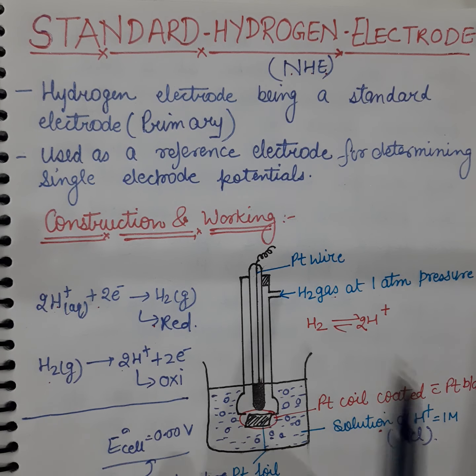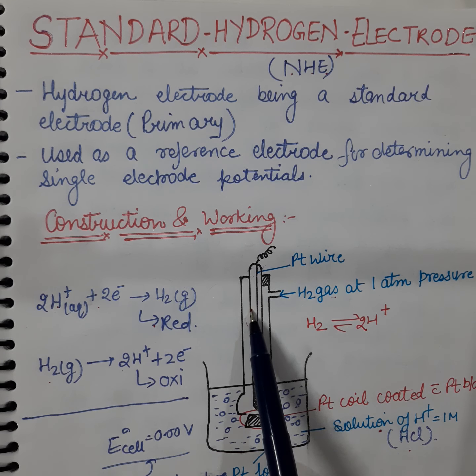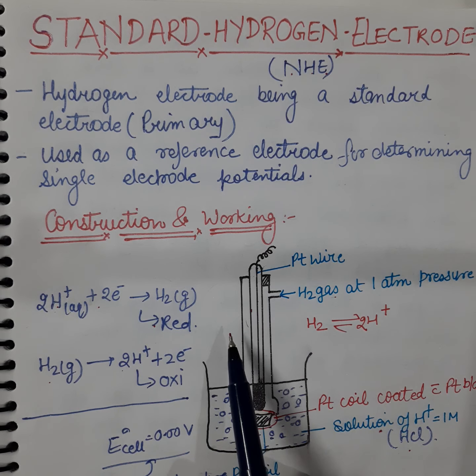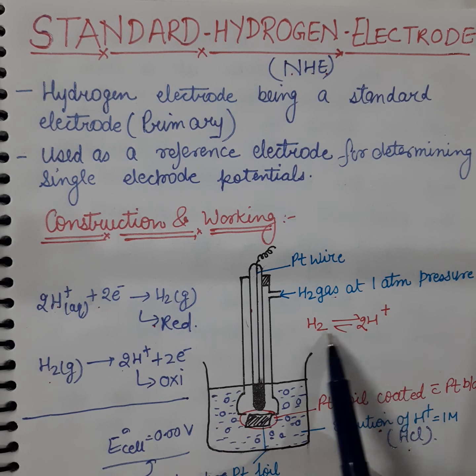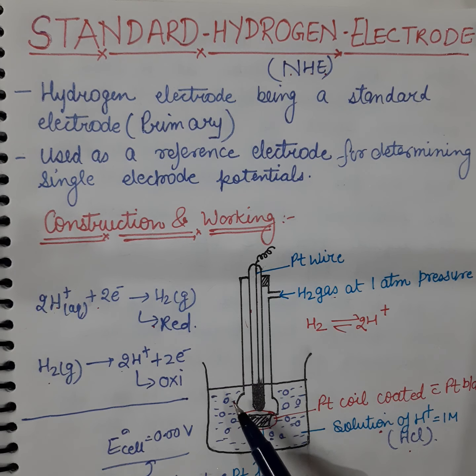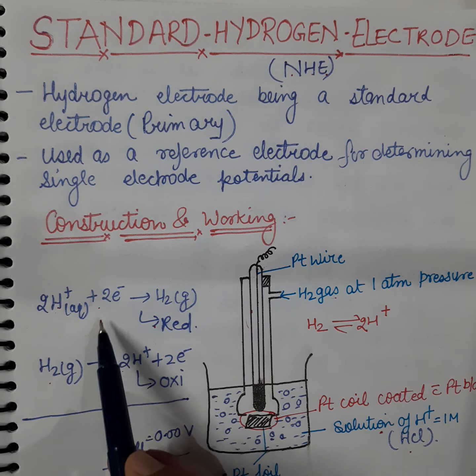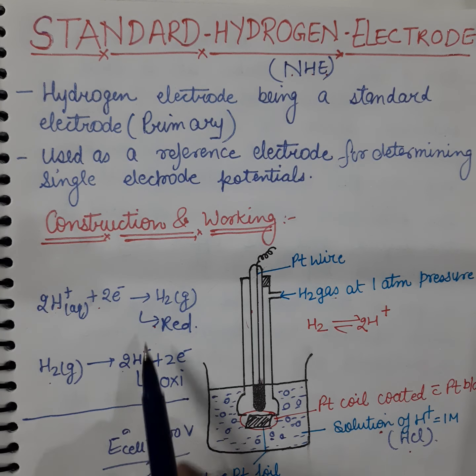So at this single electrode, both hydrogen gas and H+ ion are in equilibrium. That means reduction and oxidation reactions are taking place on a single electrode. So we can divide these two reactions in the half cell.